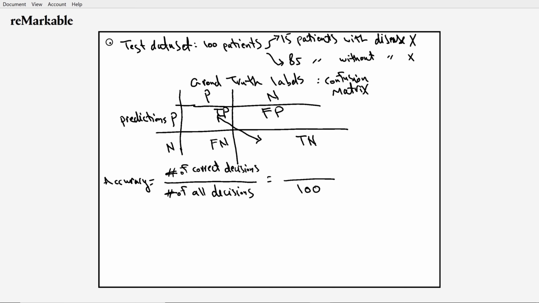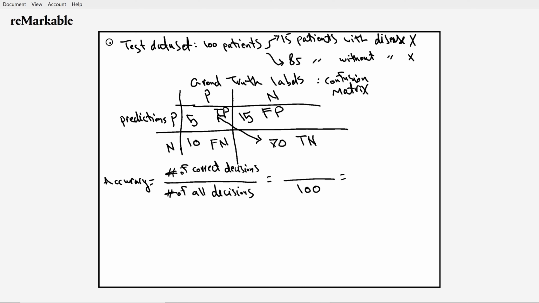Now, when we make predictions and we put together this confusion matrix, let's say these are the numbers that we get. We have 5 true positives, 15 false positives, 10 false negatives, and 70 true negatives. So first of all, let me show you something. If you add up these 4 numbers, you should end up getting the total number of patients.